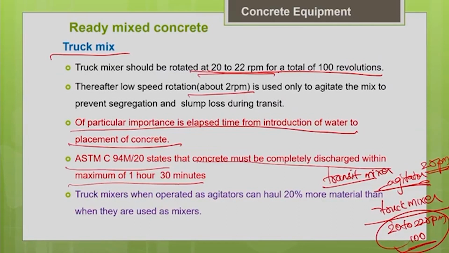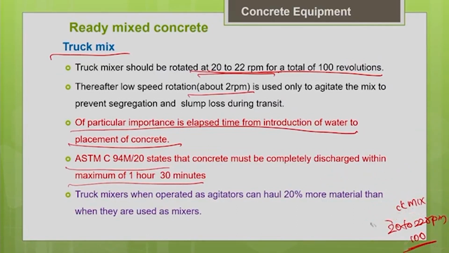So there are certain special admixtures like retarders which are available, which help you to have extended transit time with the transit mixer. Okay. Or you can even go for the truck mix, where you can add the water towards the end of your journey.